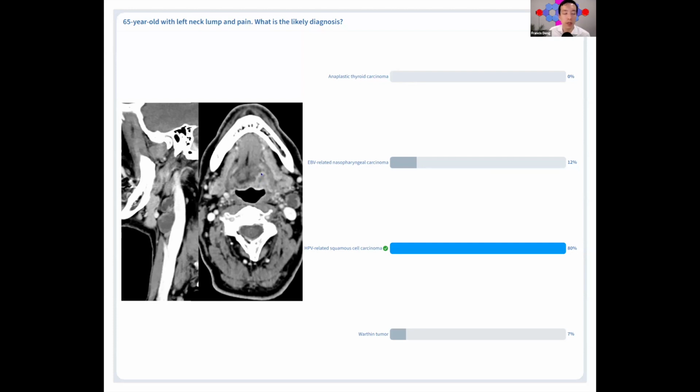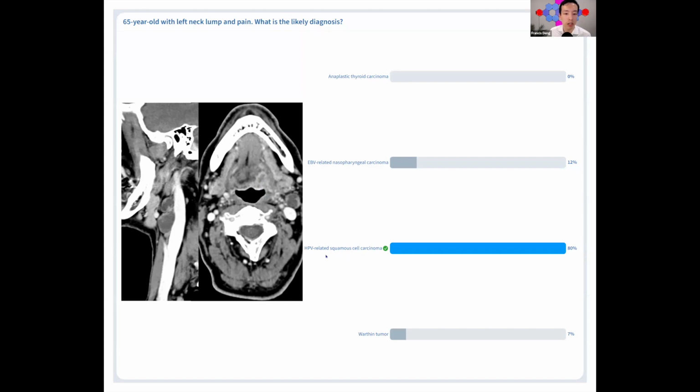Oropharyngeal cancers these days in the United States, with the decline of smoking and alcohol-related cancers, HPV-related squamous cell carcinoma of the oropharynx is actually the predominant type now, especially in patients without a history of smoking or alcohol use. This is a virally mediated disease.